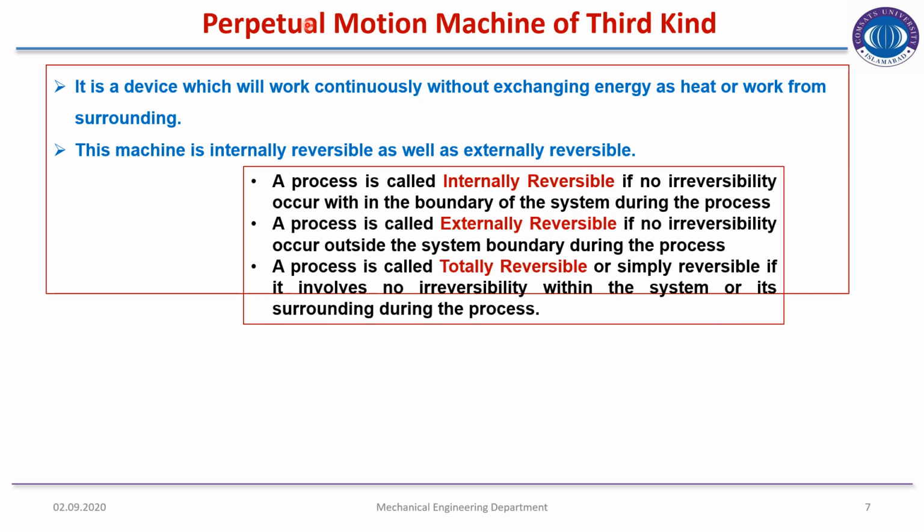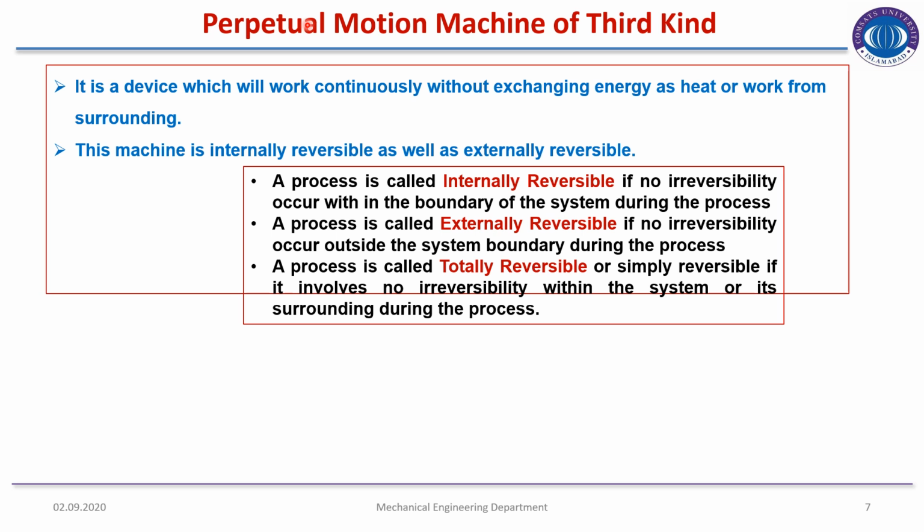So now we will discuss what internally reversible means, what externally reversible means, and what totally reversible means. A process is called internally reversible if no irreversibility occurs within the boundary of system during the process. So all the elements and processes inside the boundary will come into equilibrium and there is no irreversibility left.